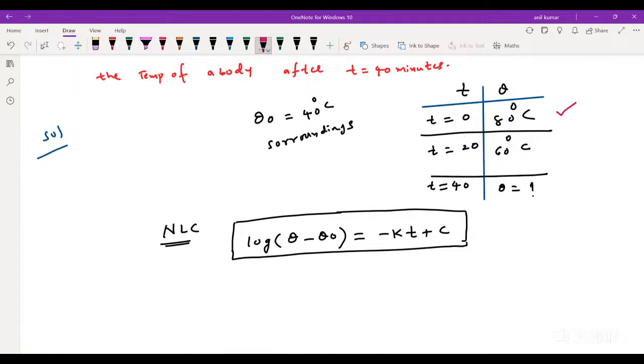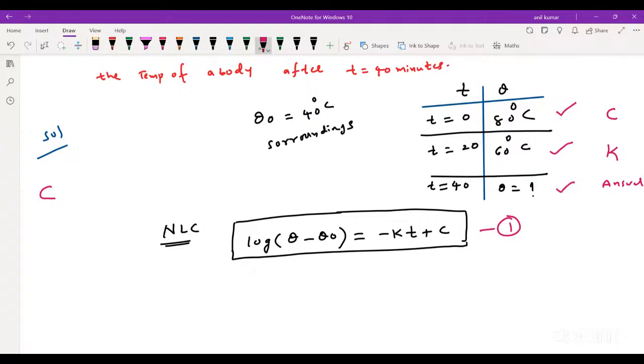Initially, we substitute this data, that gives the C value. Later, I substitute this data, that gives the K value, and finally, I will get the answer. This is the sequence of the solution. First, we determine C, later we determine K, and finally, certainly the answer will come. Okay, right.